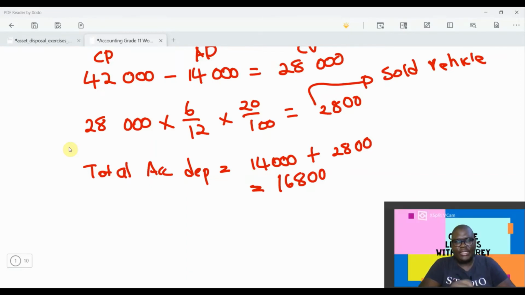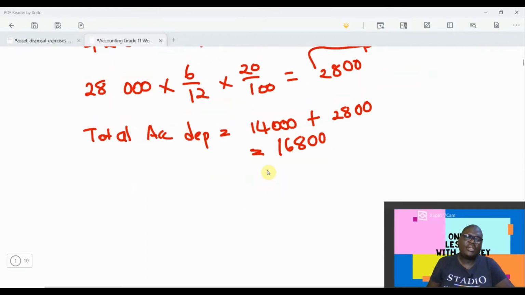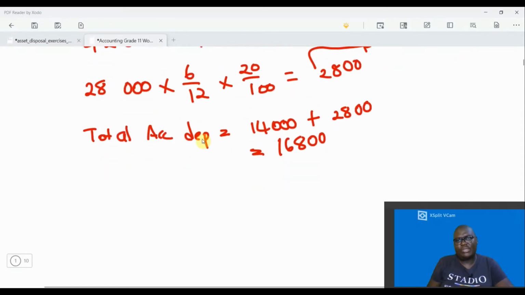Okay, so we're getting 16,800 on the accumulated depreciation. We already got the total accumulated depreciation.